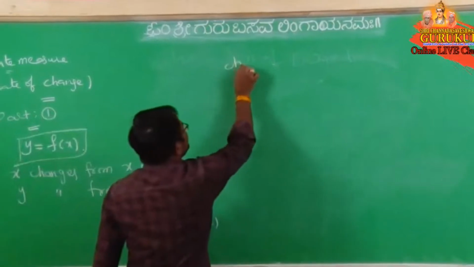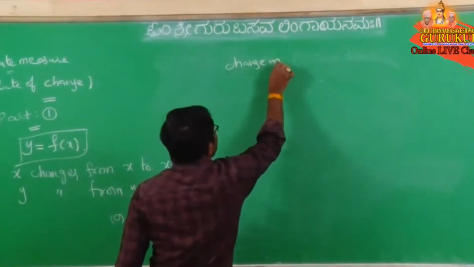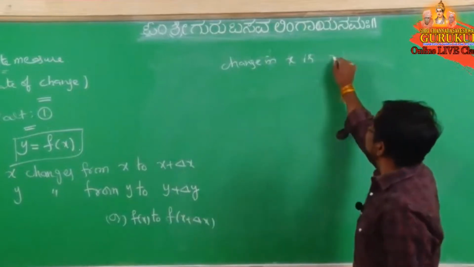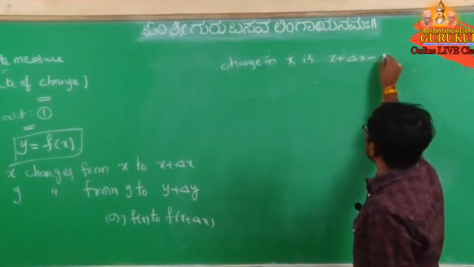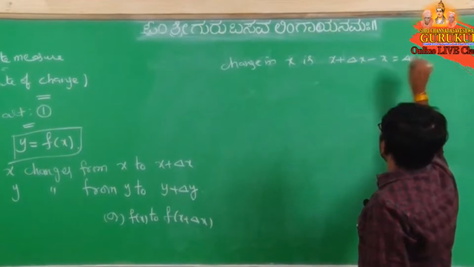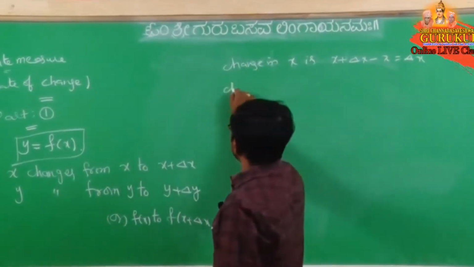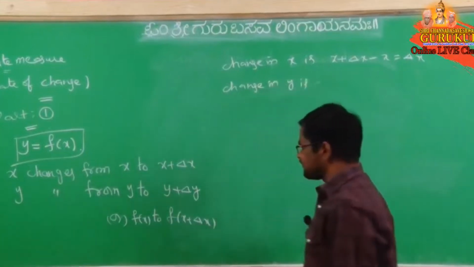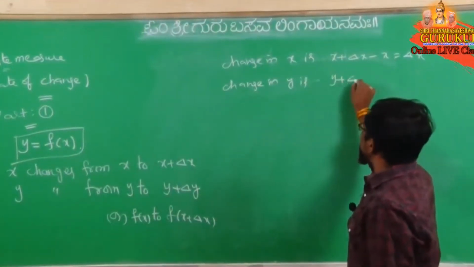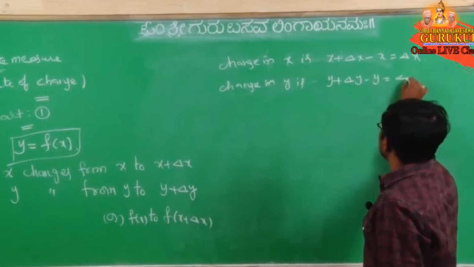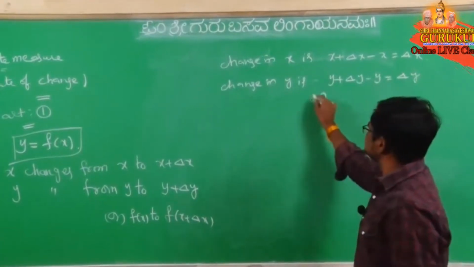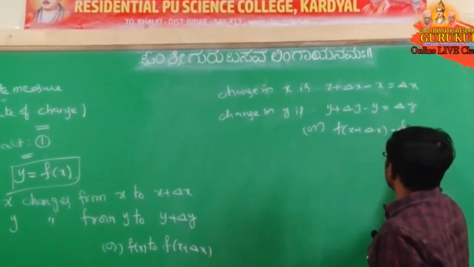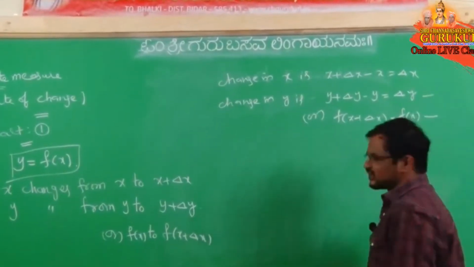Now what is change in x? Change in x is x plus delta x minus x, that is equal to delta x. And change in y is y plus delta y minus y, which is delta y, or f of x plus delta x minus f of x.